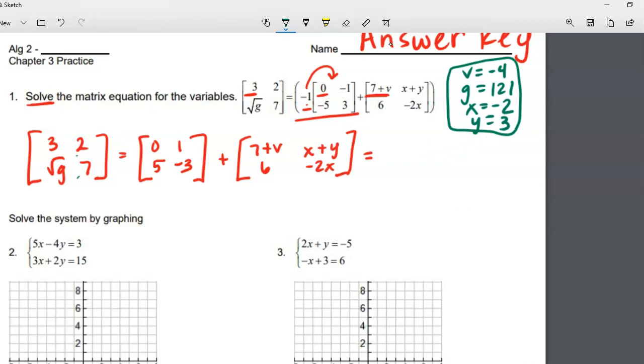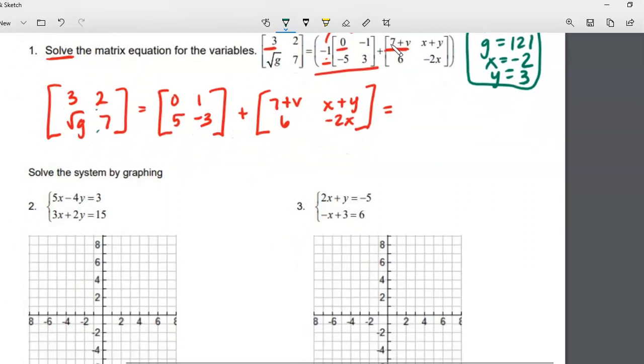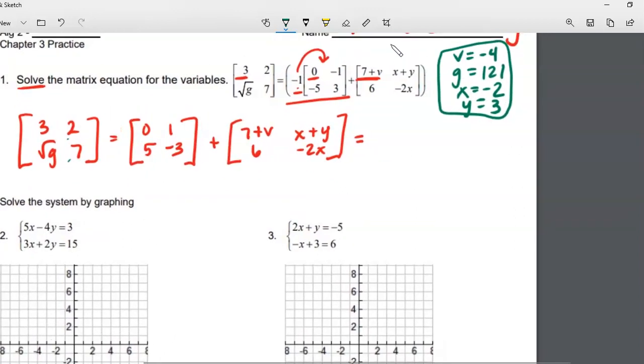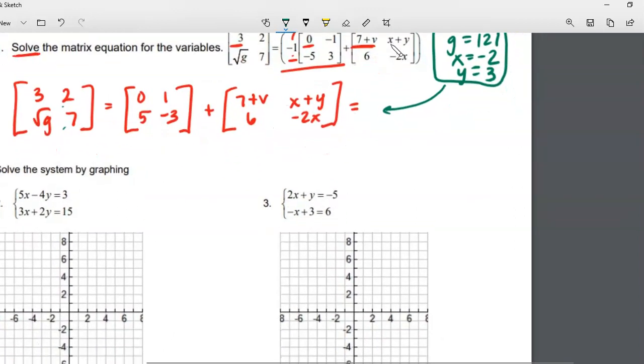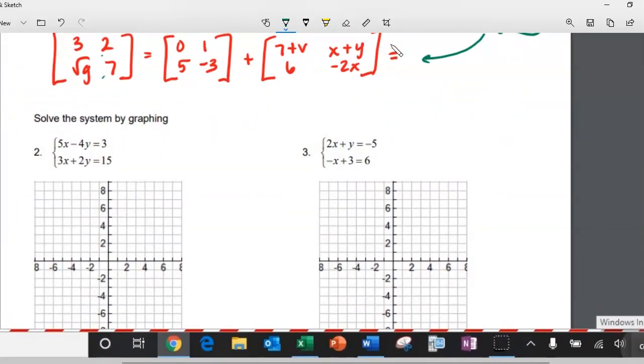Okay. All right, so now I'm going to scroll down if I have enough room. Again, I would write this right here. Okay, so on this one, solving by graphing, change them both into slope-intercept form. So for this one, I'm just going to kind of do this in my head, but I will show my scratch work.